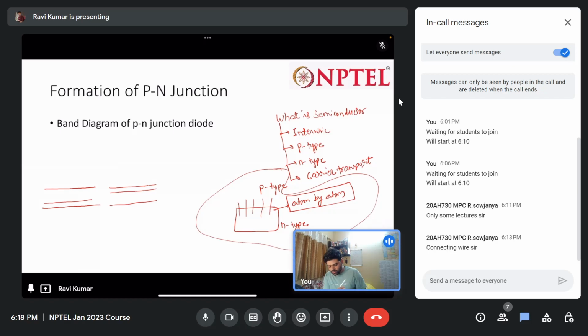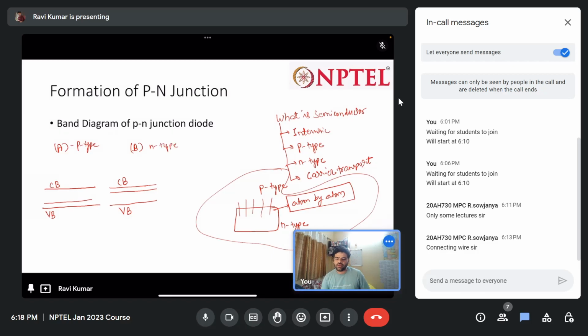Here we have the conduction band and the valence band for each. Which one is p-type and which one is n-type? I am writing A and B. A is p-type and B is n-type.